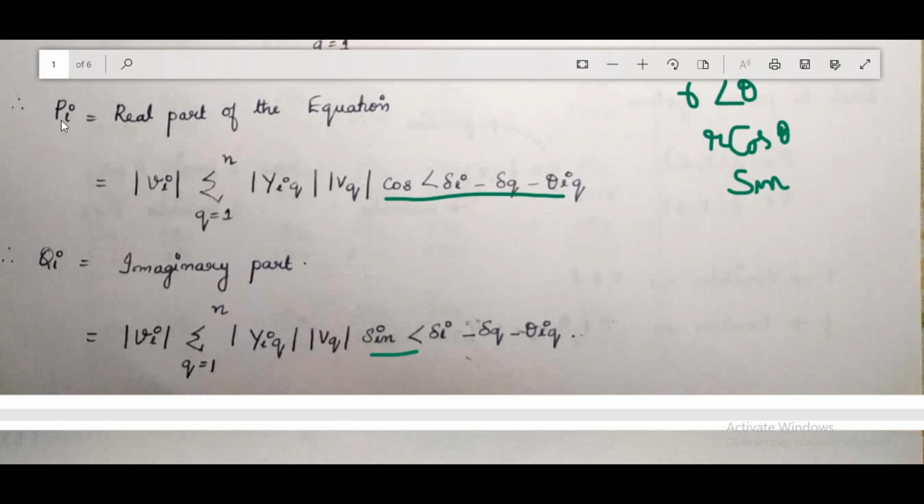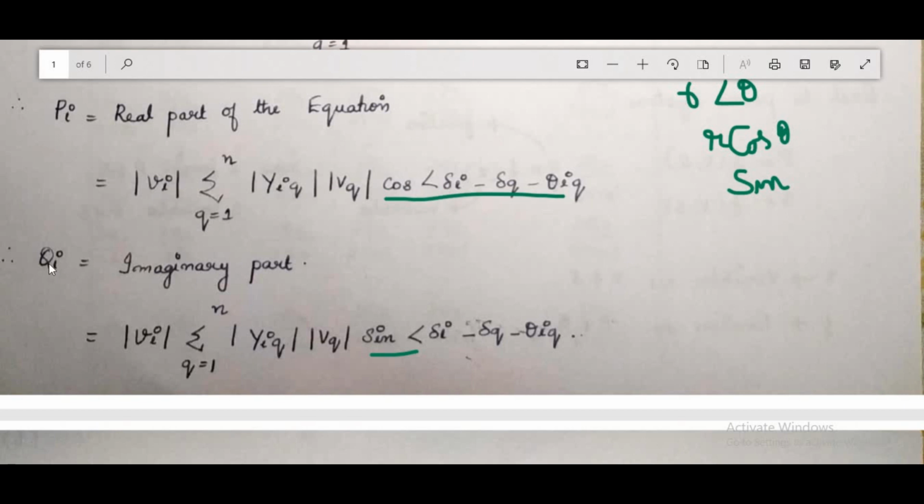Admittance is a constant, so theta iq is also a constant. So you can see that your active power mainly depends upon the voltage magnitudes and the angles. Similarly, your reactive power also depends upon the magnitude of the voltages and its angle. Or you can say that your active power is a function of voltage magnitude and its angle.